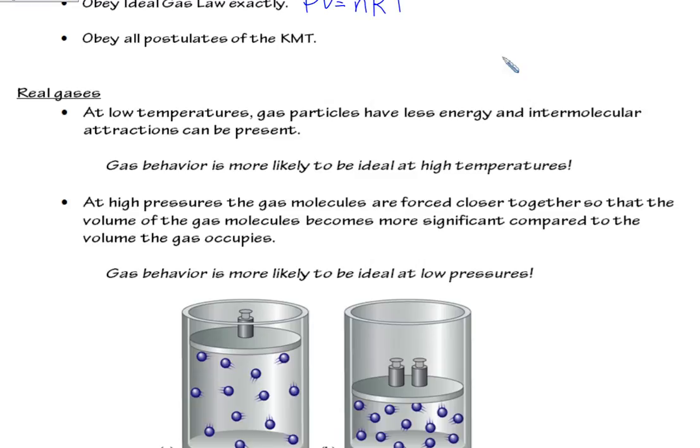Now obviously they're still in the gas phase, so the intermolecular forces are weak. But what if I change the conditions so that the temperature is low? What if those particles have less kinetic energy, less energy of movement? And so maybe they're not moving as fast, maybe they're not colliding as often or colliding as forcefully.